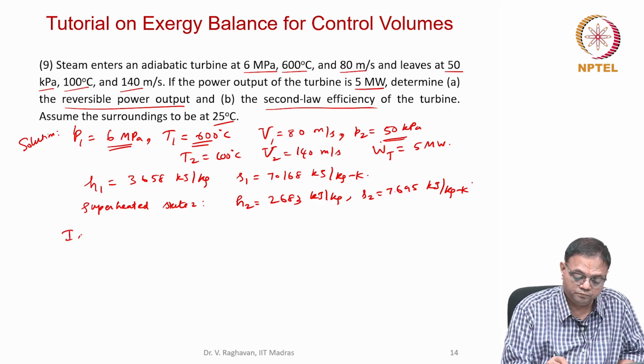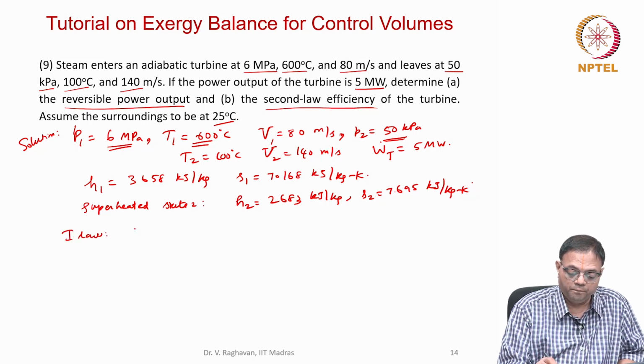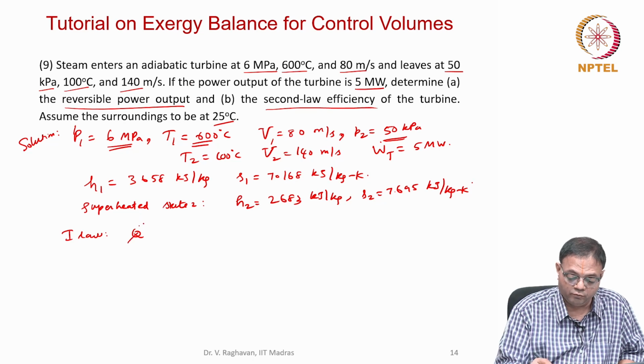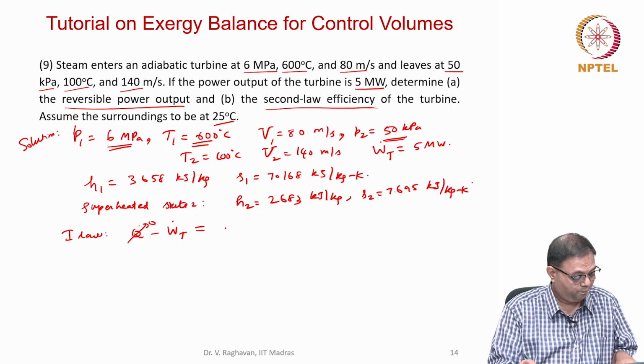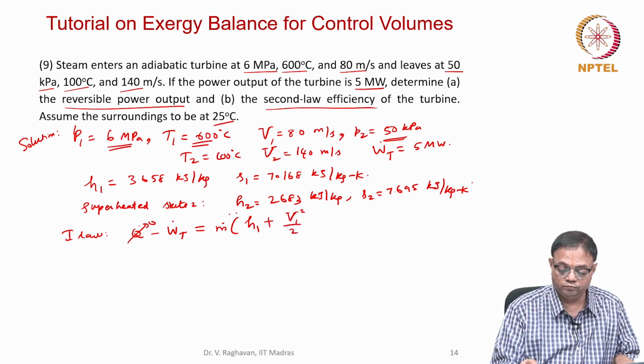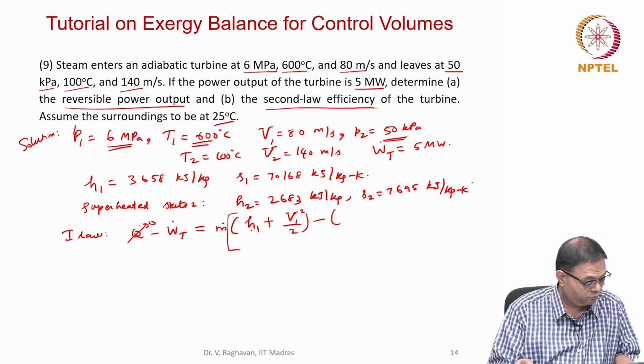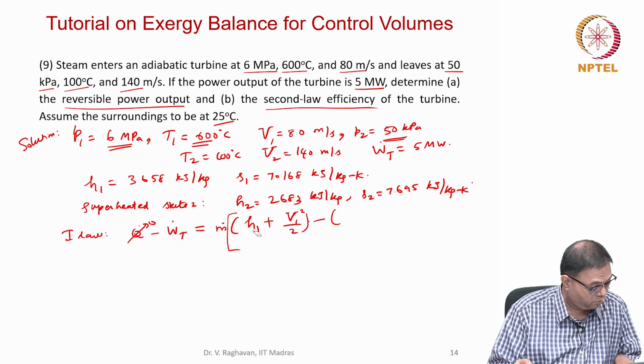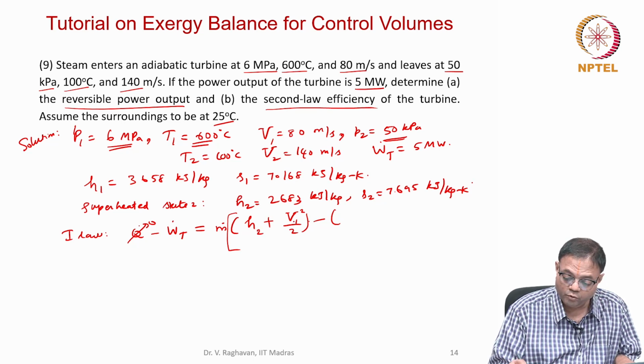Now first law: Q dot adiabatic, so 0 minus Wt, which is given, equal to m dot into (H2 plus V2 square by 2) minus (H1 plus V1 square by 2).